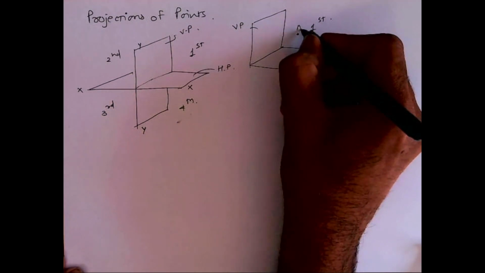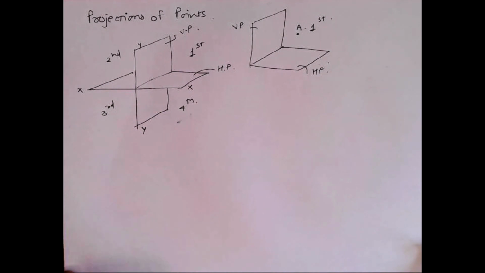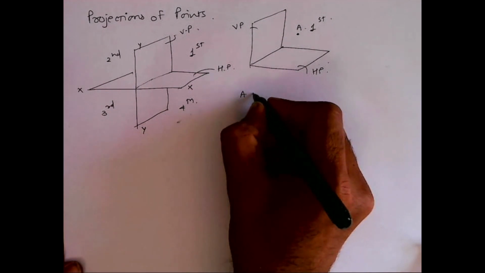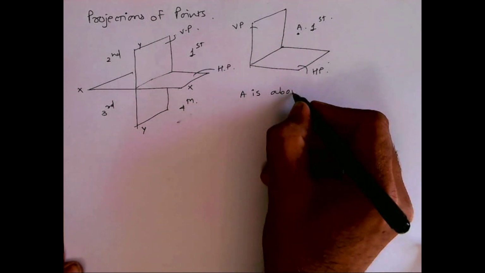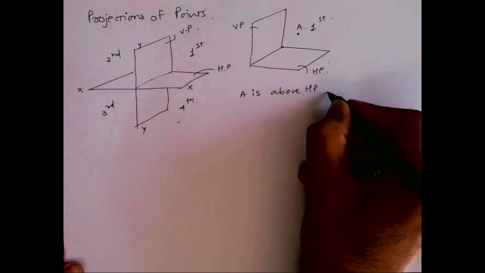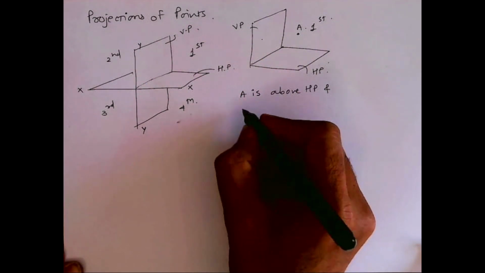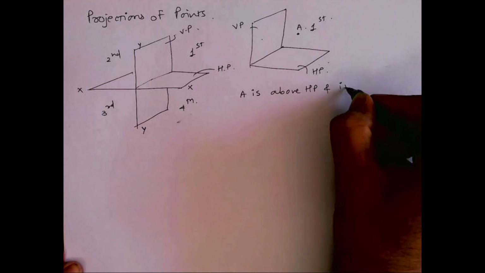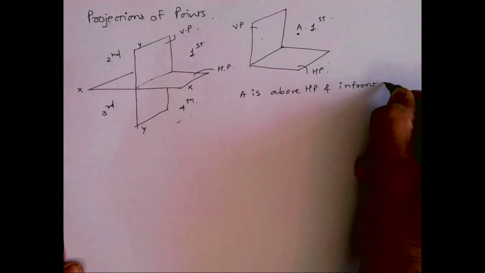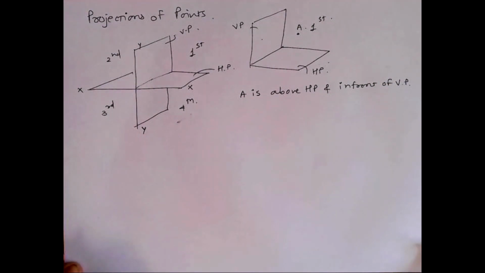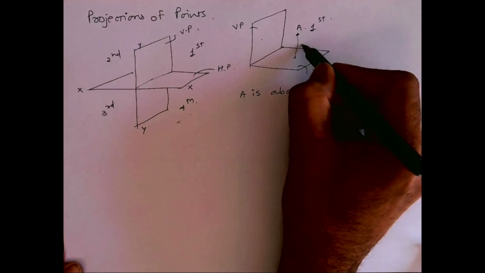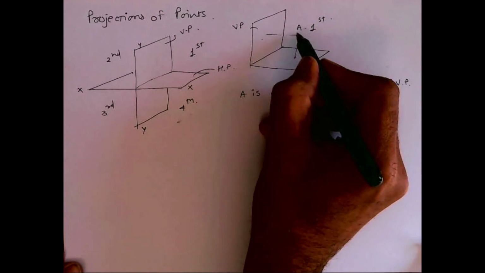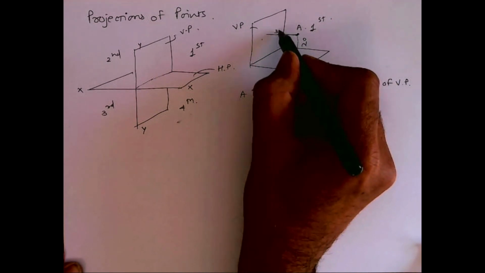Now point A is over here. So I can write that point A is above HP, above horizontal plane. Am I right? And it is in front of vertical plane. Now if I want to be sure about the dimension, then I am writing 20 and 30.